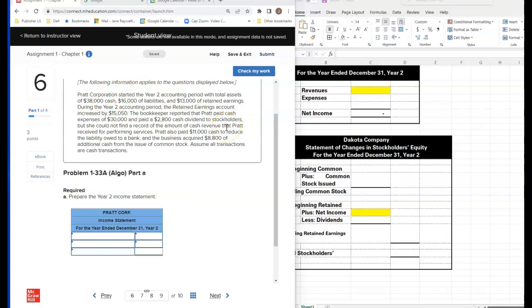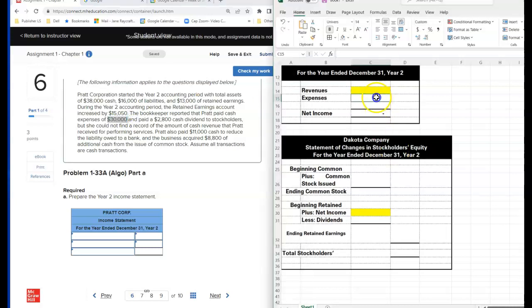In this question, the bookkeeper is super dorky because she only knows part of the information, and that ends up being a real pain. So we know that our income statement is revenues minus expenses equals our net income. Now, the crappy thing in this question is that we only know that our expenses are $30,000.